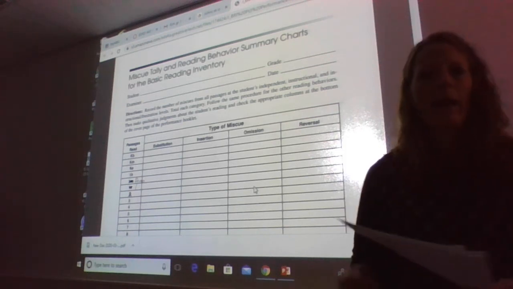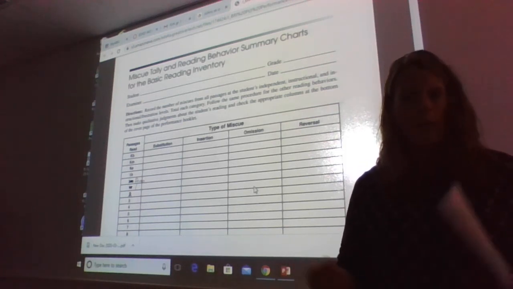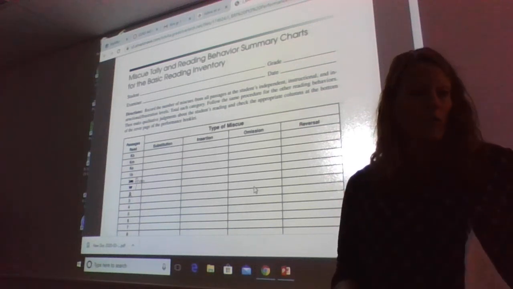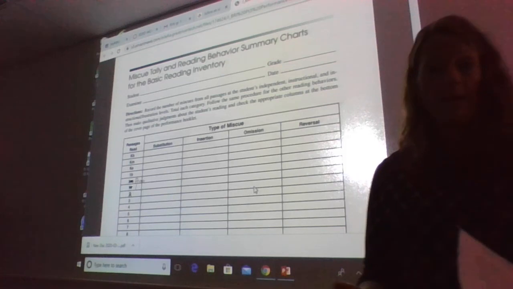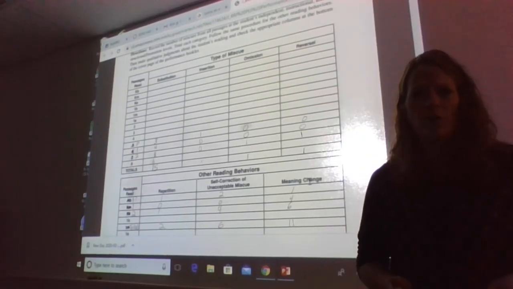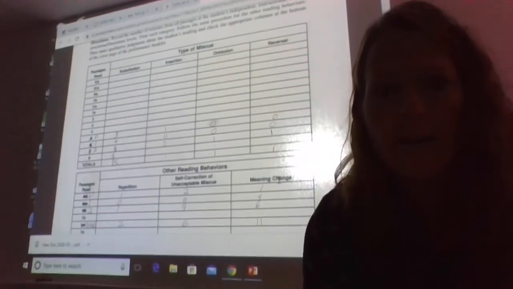And I'm going to do that with each passage that the reader read to me orally. We're just on oral reading because those are the only mistakes that we know that the reader made and that we can analyze. I'm not sure how well you can actually see this form, and I do apologize for that. I'll try to move it a little closer for you.